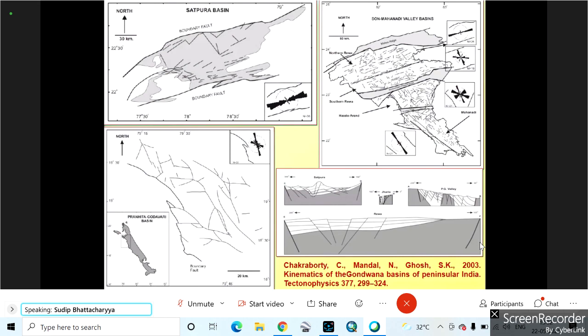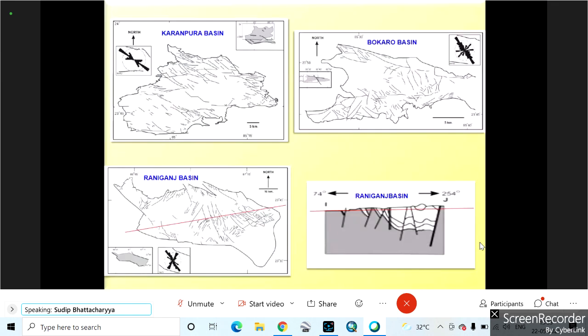And one gentleman, Chandan Chakraborty, if anyone is interested, can go through this paper. It's an excellent paper. He has done a laboratory counterpart of these basins, and with the sandpack model, he deduced these fracture systems, and it almost matches all the systems of our coal-bearing Gondwana coalfields.